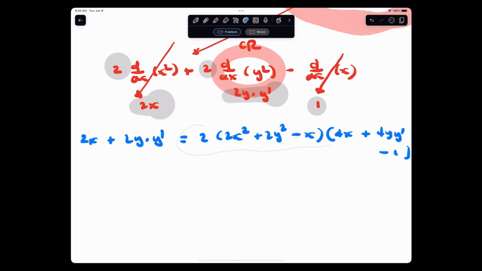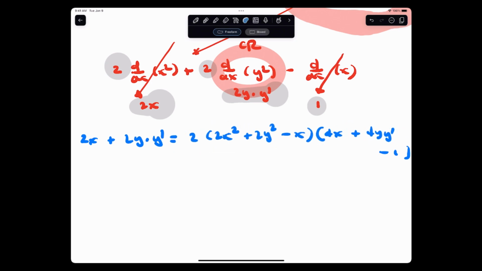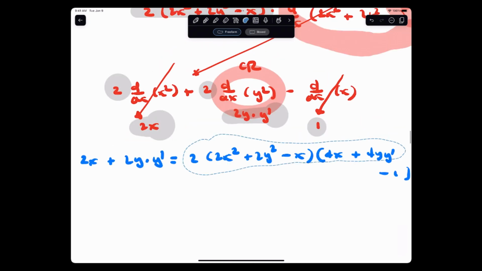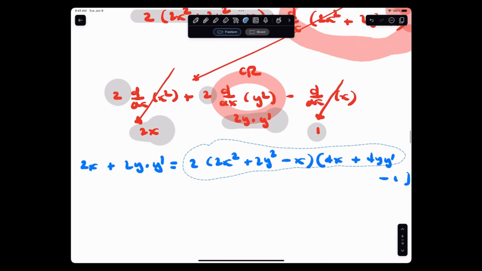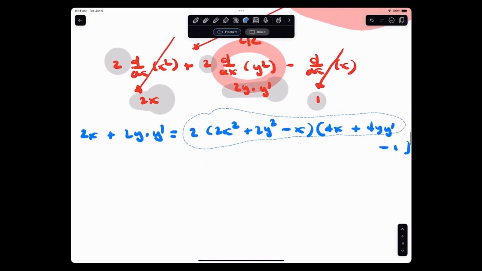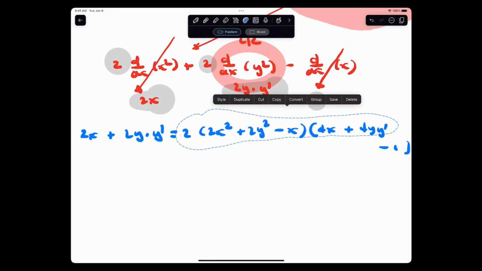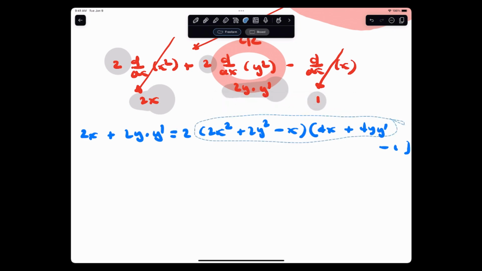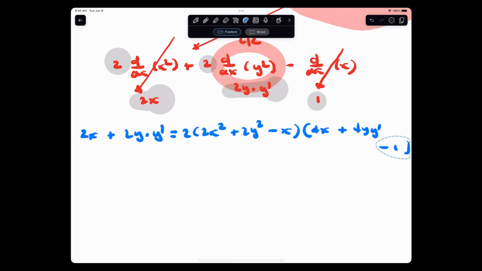I can squeeze it in. Let me double check. Okay, y squared, yep, minus x.